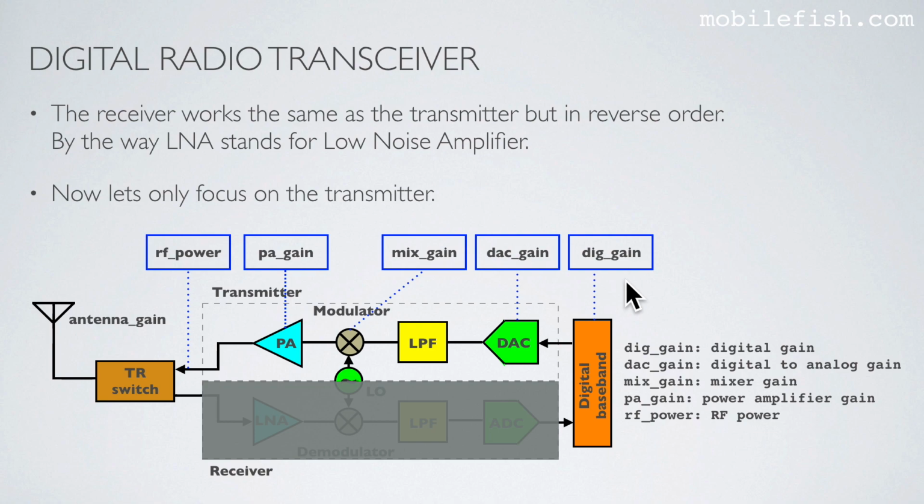So the only thing you need to know is if you input a certain value into the DIG gain parameter, a certain value into the DAC gain parameter, a certain value into the mix gain parameter, and a certain value into the PA gain parameter, it will output a certain RF power. How these values are determined is not important. The only thing you need to know is if you input certain values inside these parameters, it will output a certain RF power.